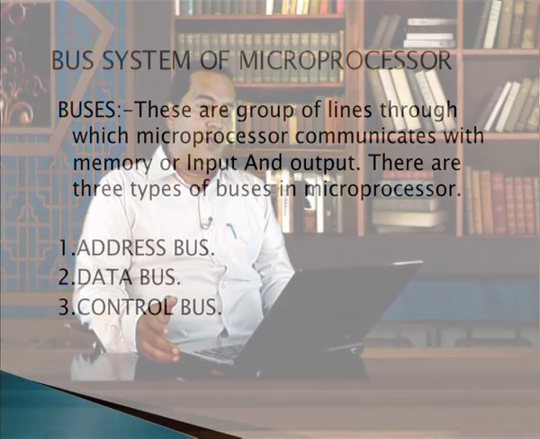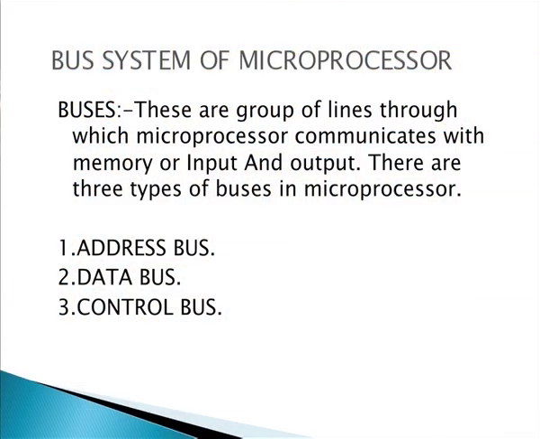Each and every microprocessor has its own bus system, and it is an important component for a microprocessor. For a processor, there are three basic types of buses. They are address bus, data bus and control bus.